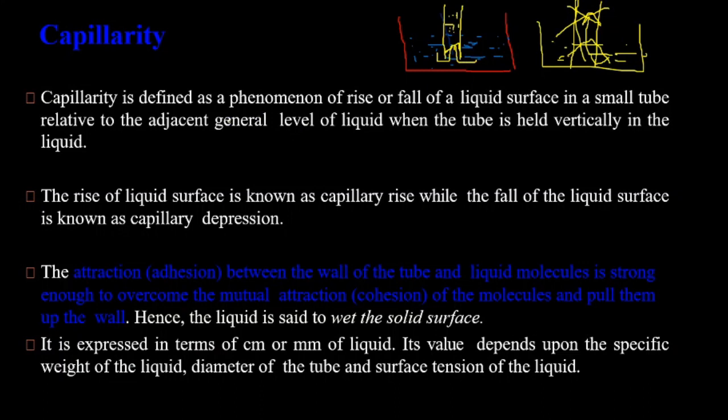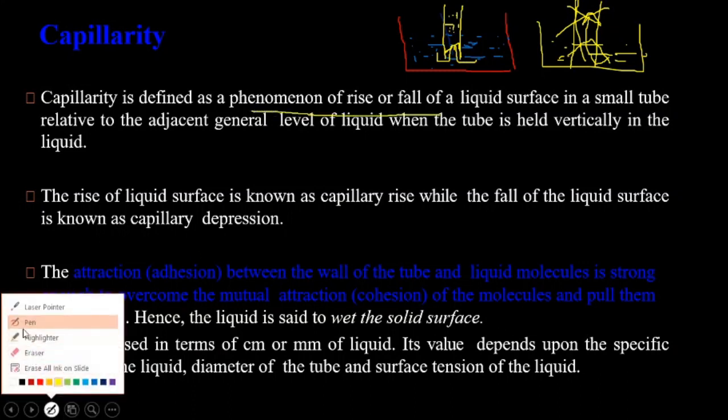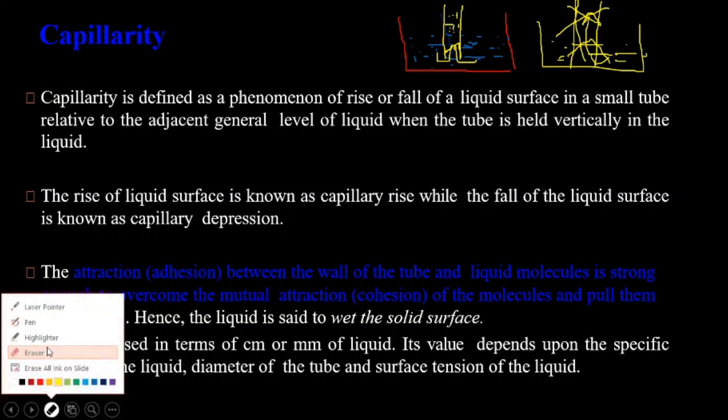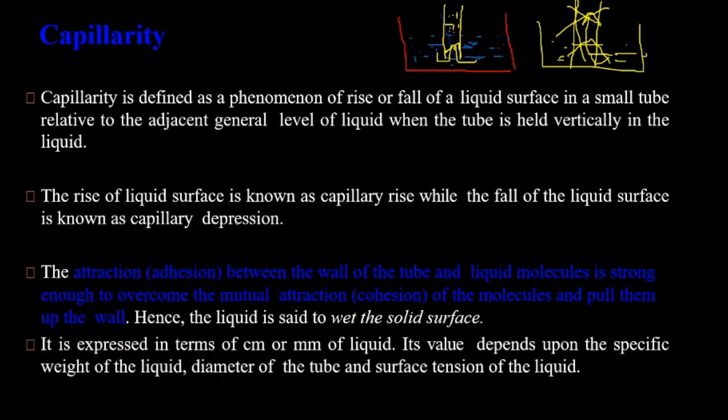So what is this capillarity? It is defined as the phenomenon of rise or fall of a liquid surface in a small tube relative to the adjacent general level of a liquid when the tube is held vertically in the liquid.